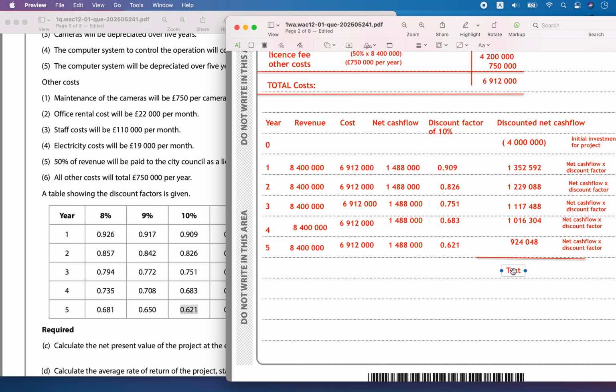That is going to be equal to 1,639,520. So this is the value.